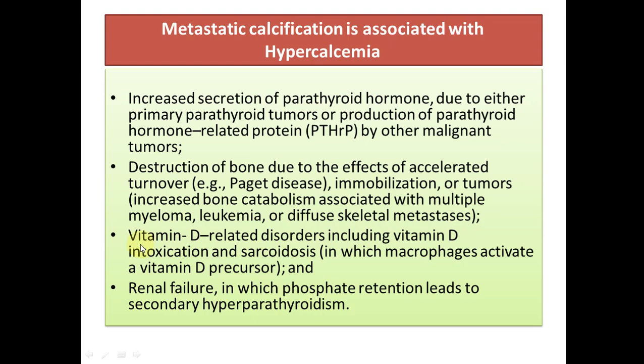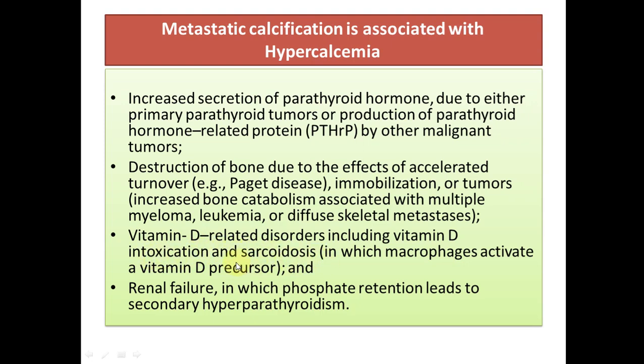We know that calcitriol is the active form of vitamin D3. It causes increased absorption of calcium from the gastrointestinal tract. So, any condition in which there is excess intake of vitamin D will increase the absorption of calcium from the gastrointestinal tract.